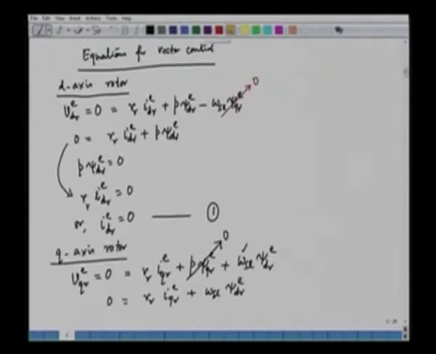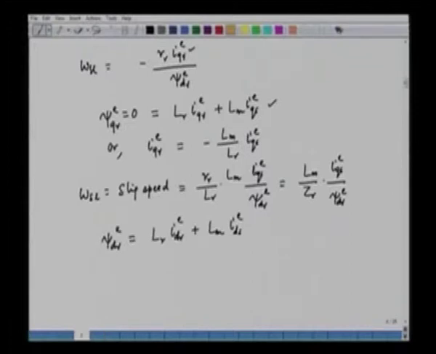This is what we have already seen. So we can substitute this IDR equal to 0 in this expression. So this will be 0. So this vanishes in this case. So what we have here is that psi dr is equal to LM into IDS.